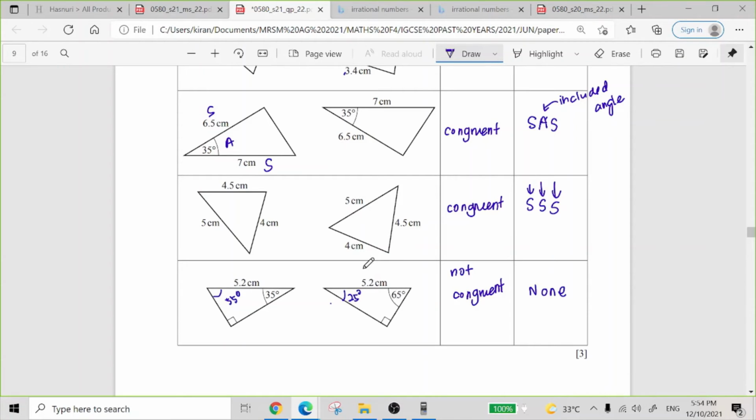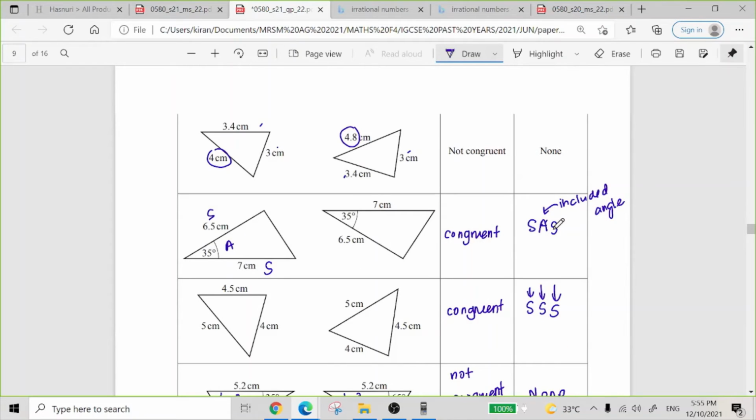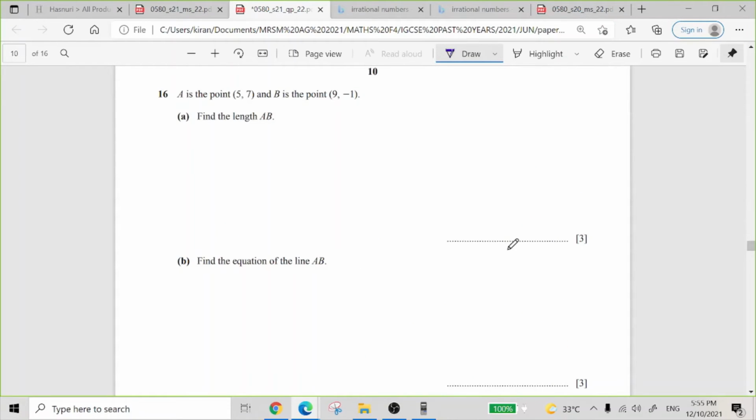So both triangles don't have the same angle values, so they are not congruent. When not congruent, the criterion is none. That one is for question number 15. Next one, we go to question number 16.